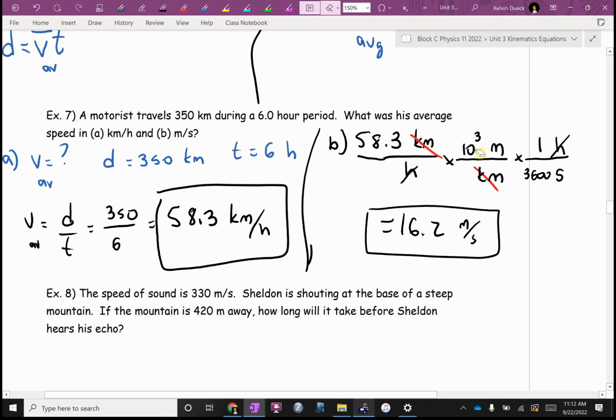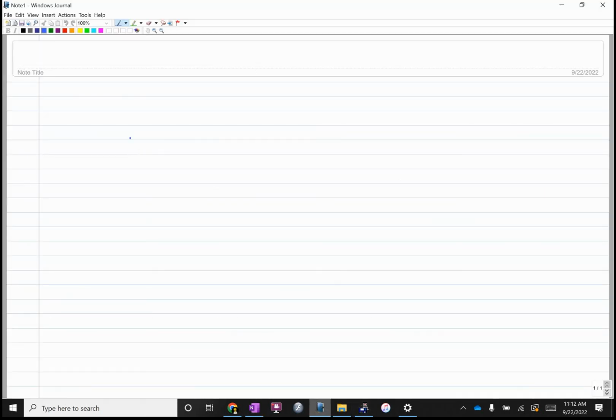It looks like I times by 1,000 and divide by 3,600. You know what? I think technically to go from kilometers per hour to meters per second, it's just divide by 3.6, because that's really what you're doing when you times by 1,000 and divide by 3,600.